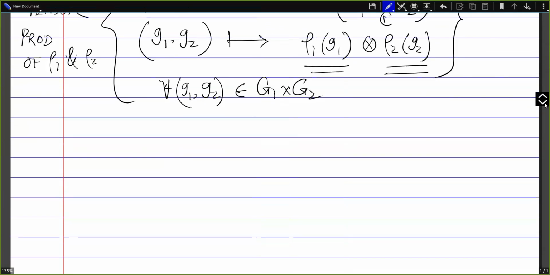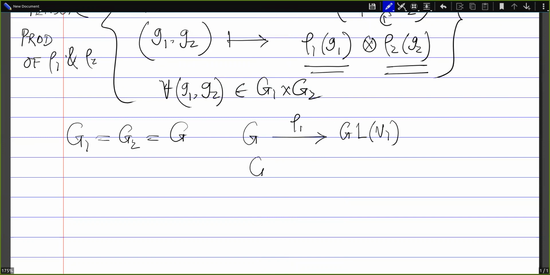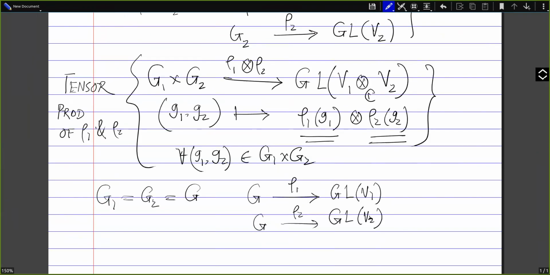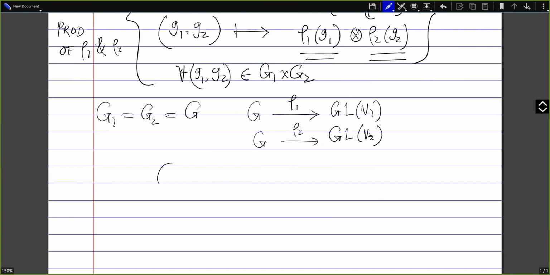So please note the following: in the very special case when G1 equals G2 equals some fixed finite group G, and suppose I have a representation rho 1 on V1 and also another representation of the same group on V2, then from the general definition for any groups G1 and G2, we get the tensor product representation of G direct product G on V1 tensor V2.